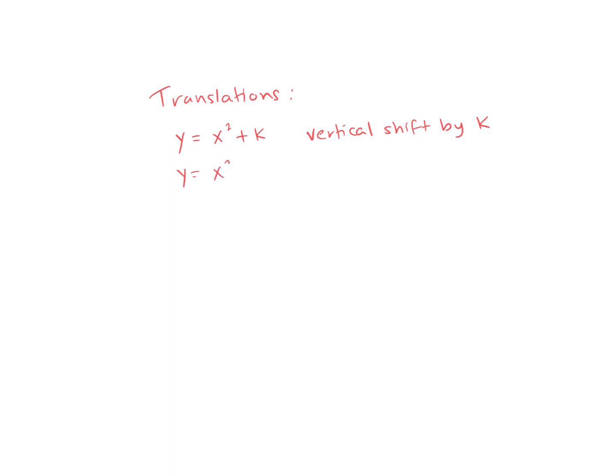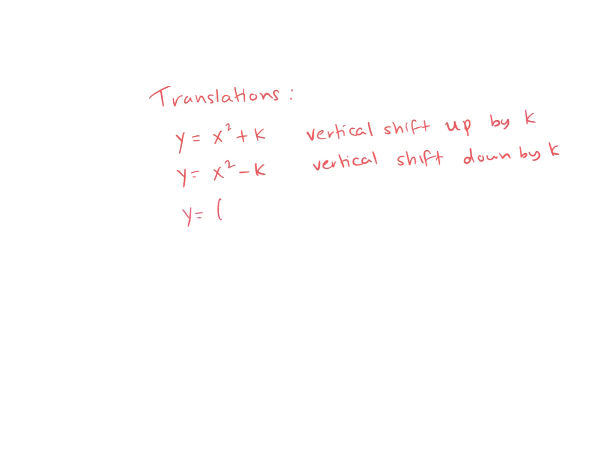We can shift it down by subtracting k after we square it. That is a vertical shift down.